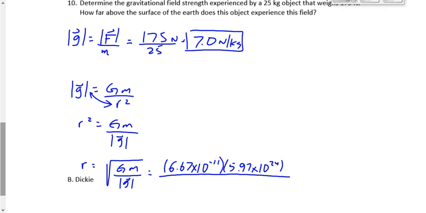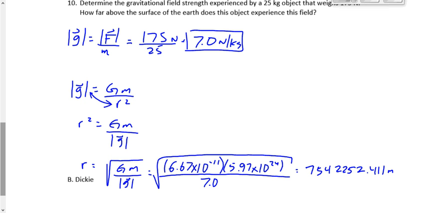It was the Earth that caused that field. So let's use the producer equation to solve for r, given the field that it produced at that point, 7.0 newtons per kilogram. So take the value for the first part, use it for the second part. That gives us a value of 754,225.411 meters. But that's not our final answer.